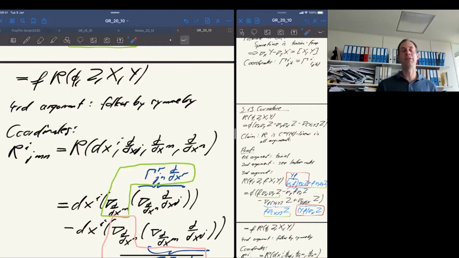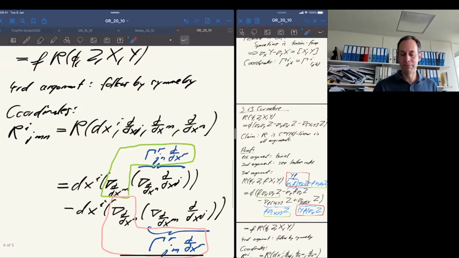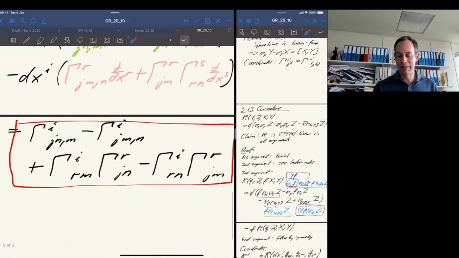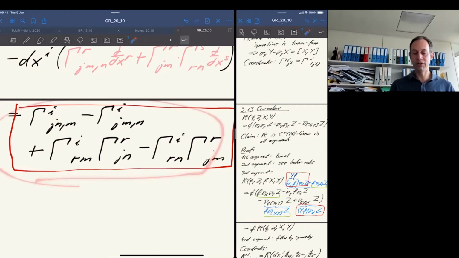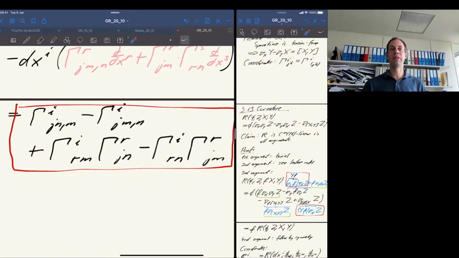If the gamma symbols are not zero, that doesn't necessarily tell you that the curvature is zero, and it could just come from some choice of coordinate system that makes these gamma symbols non-zero. But the curvature being non-zero is something that is independent of your coordinate choice. It really means something.